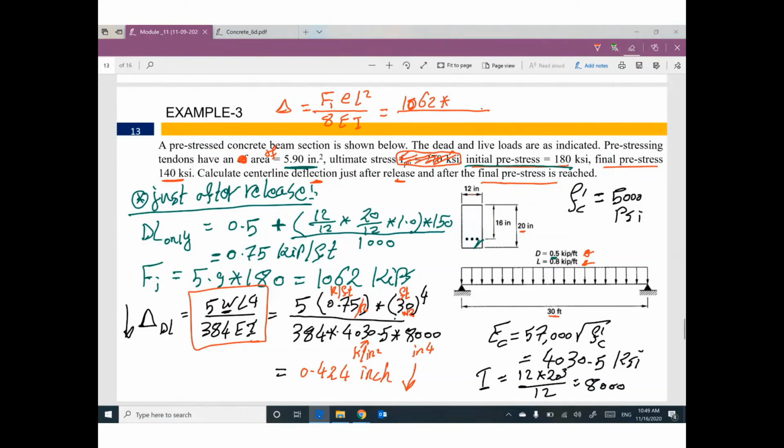Guys, this time, can you figure out the eccentricity between the location of the tendon and the centroid?